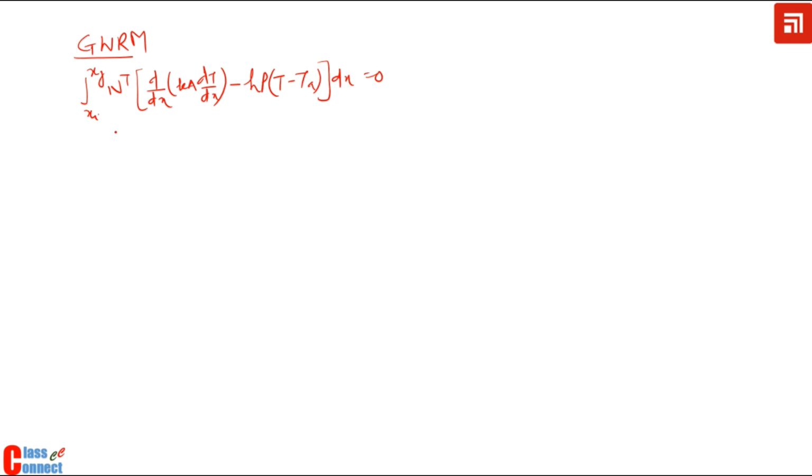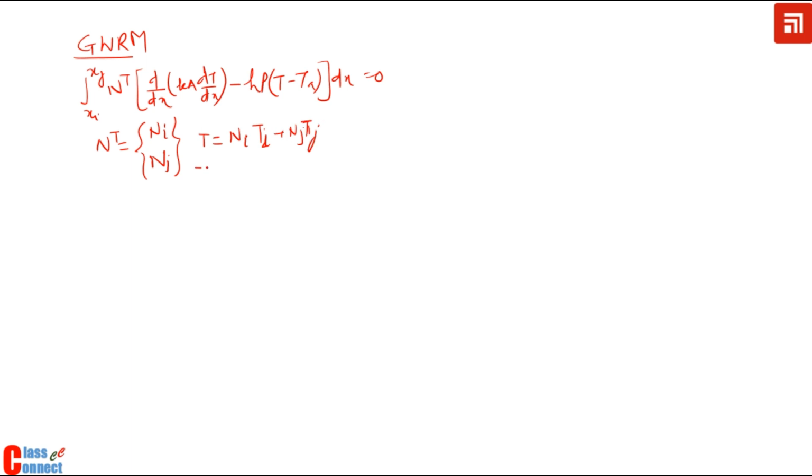So this is what my equation will become, where N is nothing but Ni and Nj, as discussed previously, and T is nothing but Ni Ti plus Nj Tj.